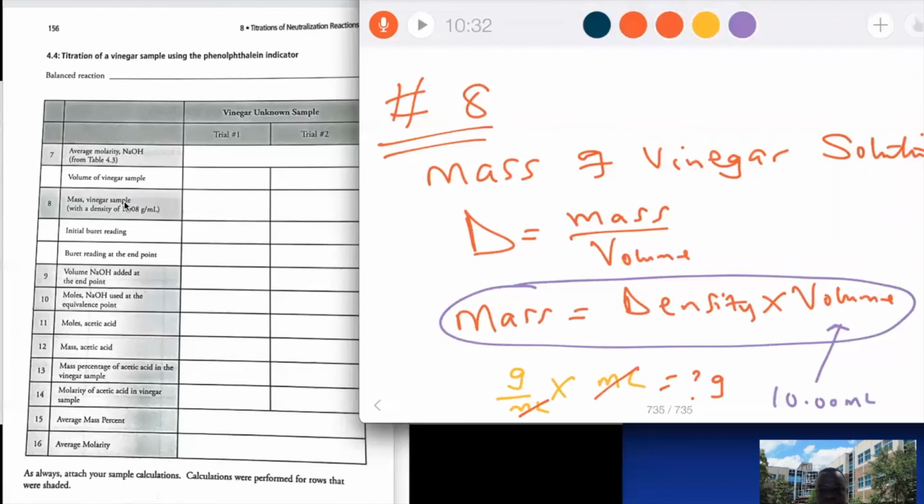This is density times the volume. The volume is based on what we pipette, using the 10 ml volumetric pipette to get the volume of the solution.